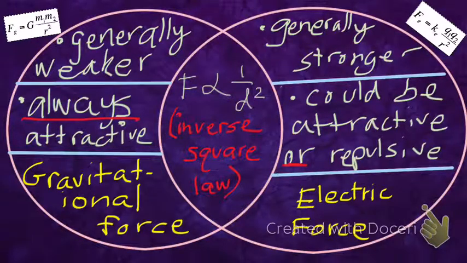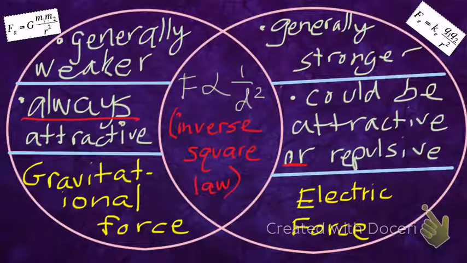So here I've summarized the main points of what we've learned and the similarities and differences of the gravitational force and the electric force between two charges. Even though these formulas look very similar, the only real similarity they have is that the force is directly proportional to 1 over the distance squared.